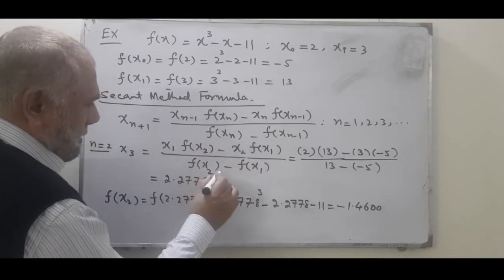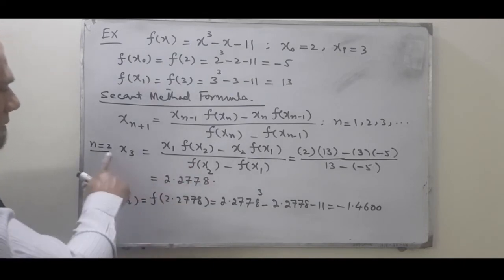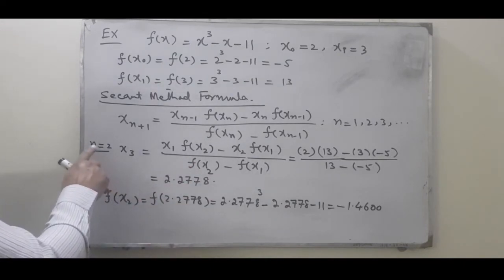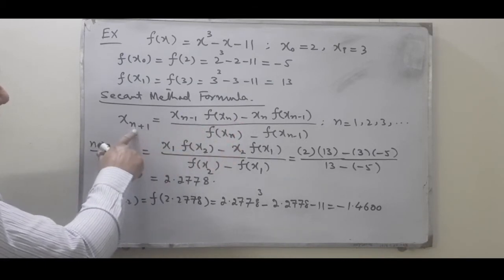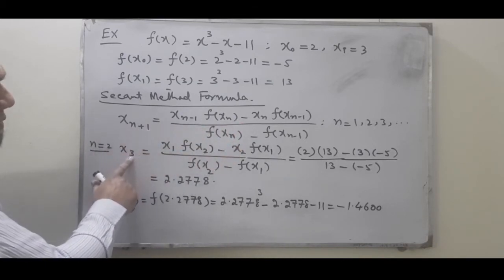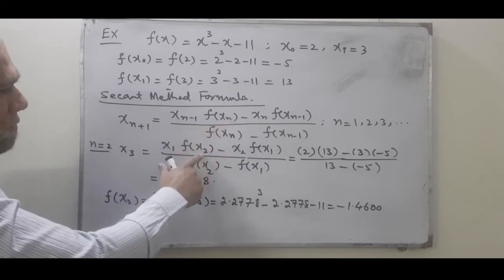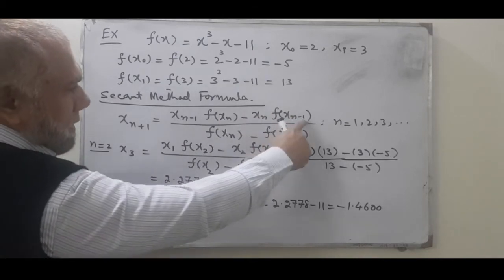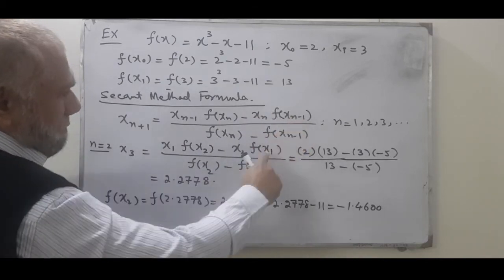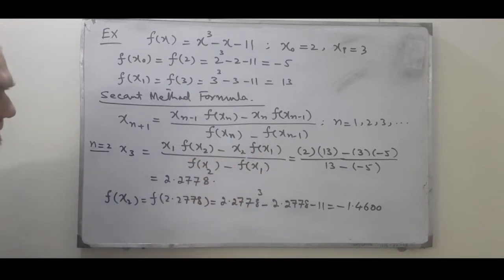So you can see the changes I have introduced on this side. Once again, look at it: whenever we take n equal to 2 in this formula, 2 plus 1 gives you 3, 2 minus 1 gives you 1, x2 is here, and similarly f(x2) here, f(x1) here.